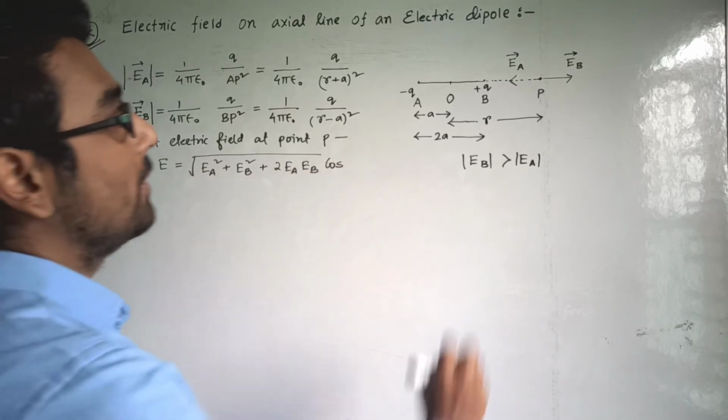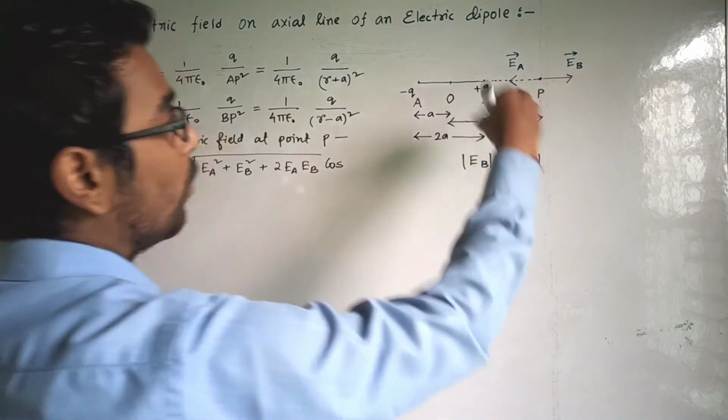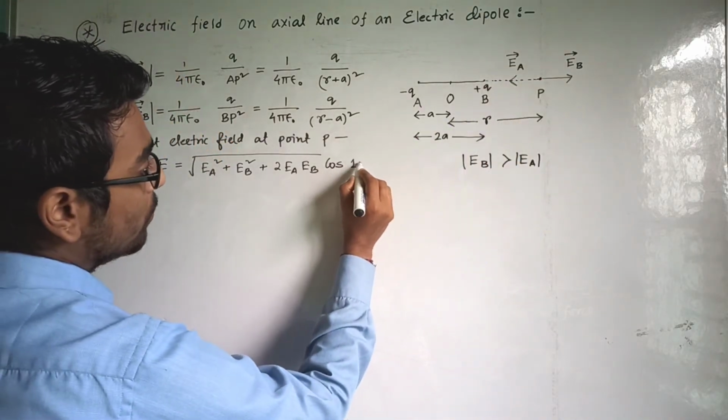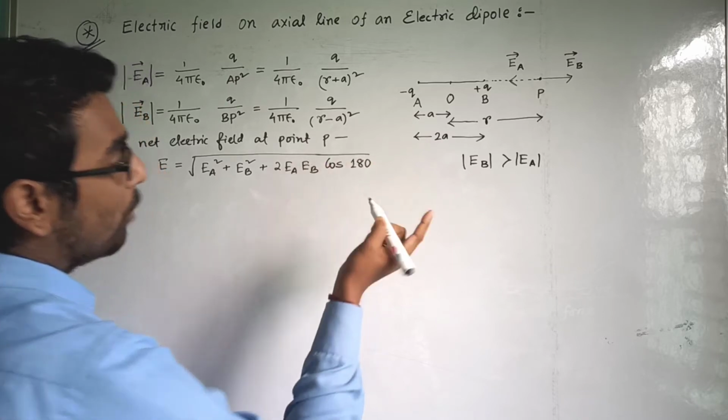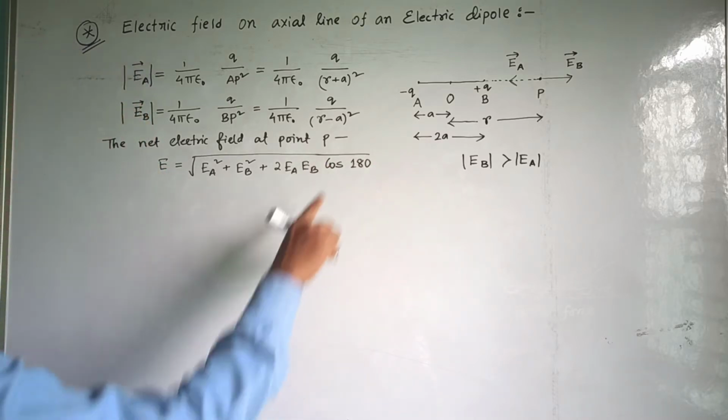Here you can see the angle between EA and EB is 180 degrees because both the electric fields are in opposite direction. So the value of cos 180 is minus 1.